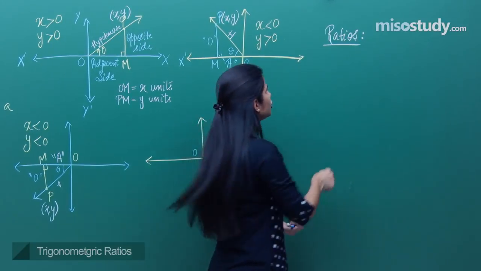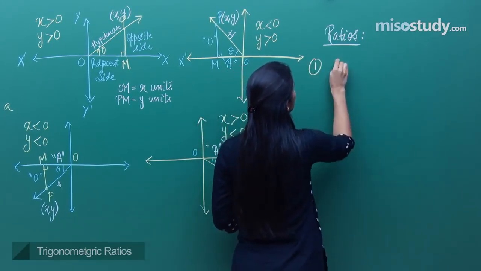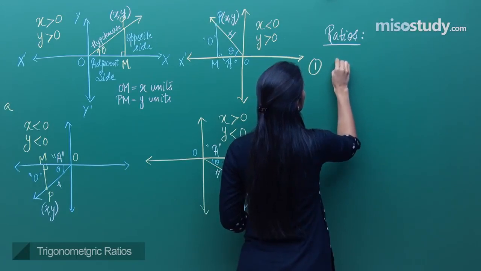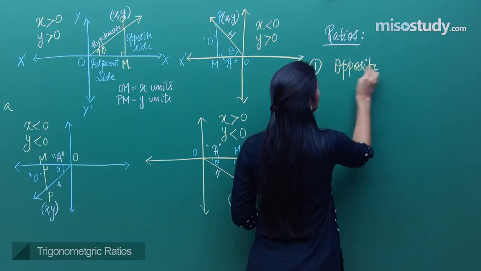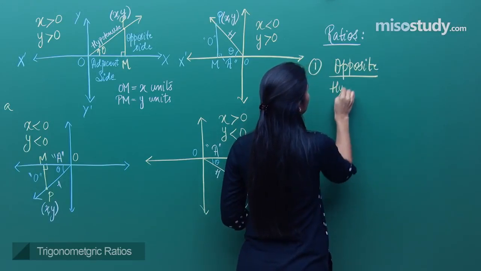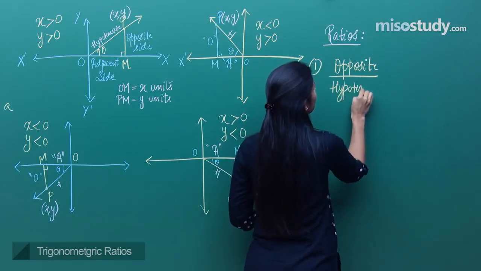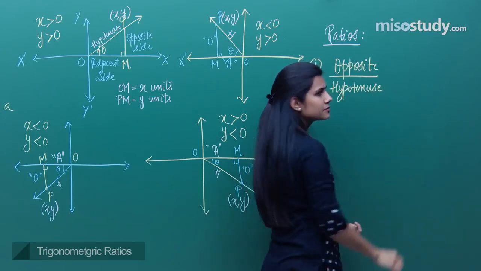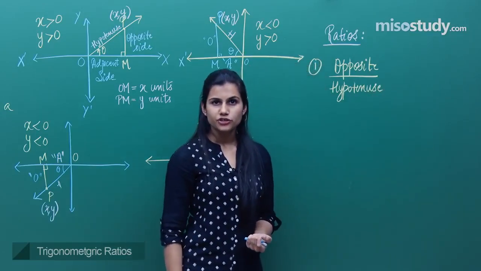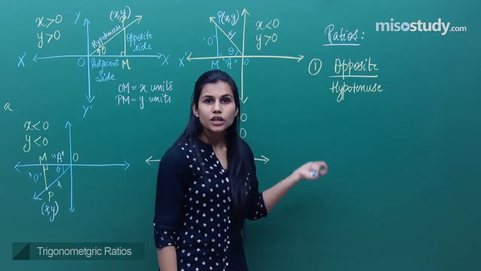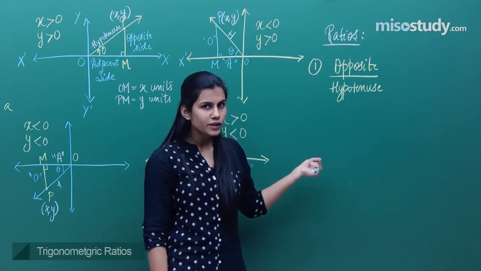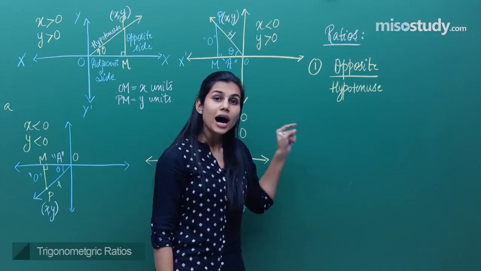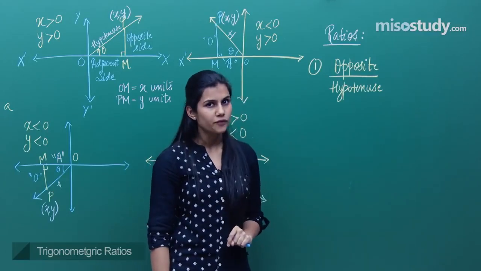The very first ratio that is going to come in the picture is the ratio of opposite to the hypotenuse. This is the first ratio. That means over here you need to take the ratio of the opposite side of the triangle of reference with the hypotenuse of the triangle of reference.